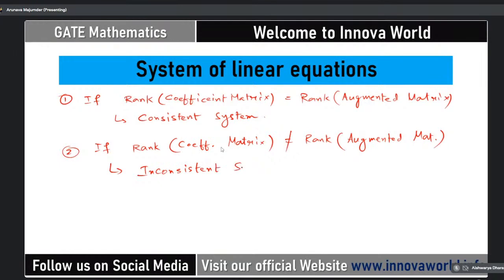An inconsistent system does not have any solution. So an inconsistent system means a system which does not have any solution. These are the two basic rules we need to learn, and for this we need to find the rank of both the coefficient and augmented matrices.